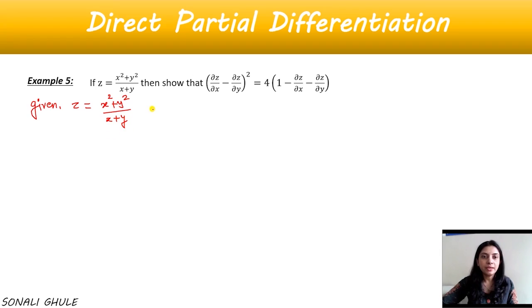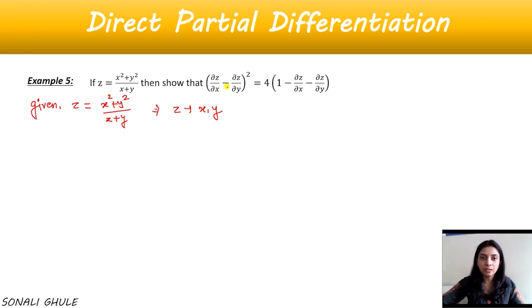From this, what can we say? Z depends on x and y. So whenever I differentiate z with respect to x, I have to take its partial derivative, because z depends on two variables. Whenever the function depends on more than one variable, we have to take partial derivatives. Now, why do I have to find the derivatives of z with respect to x and y?